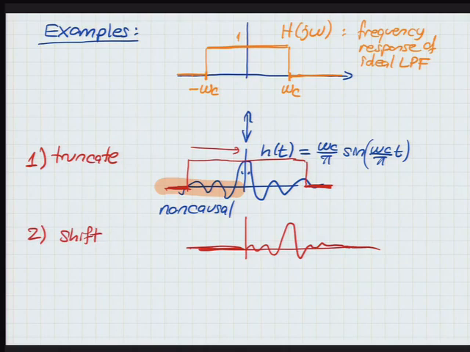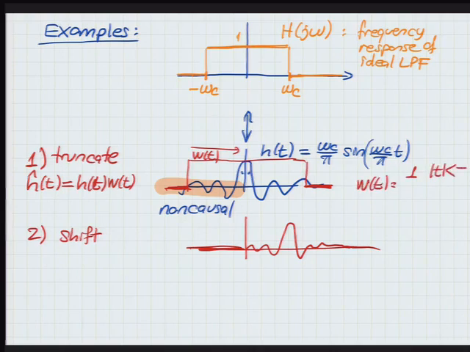Well, truncation really means obtaining a new signal, h hat of t, by multiplying h(t) with a window function, which this really is, w(t). Okay? So w(t) is 1 when t is less than the period of truncation, let's call it t1, and 0 otherwise.